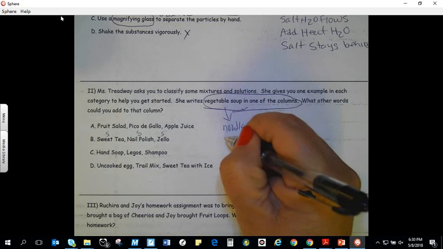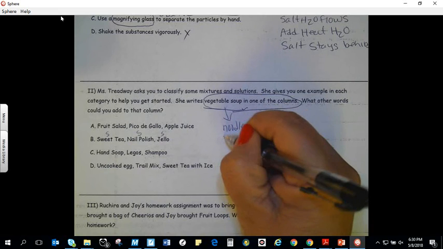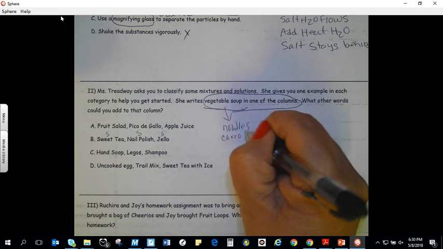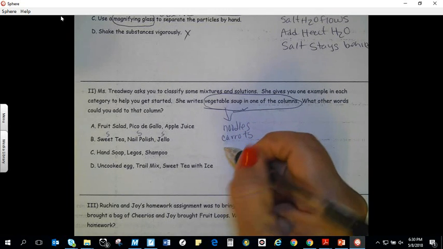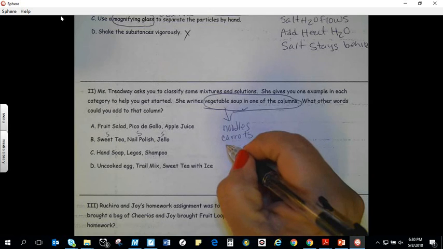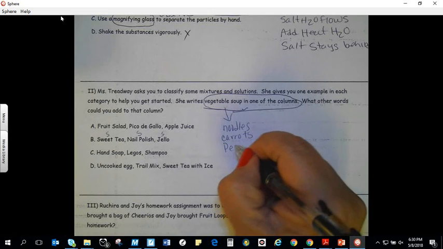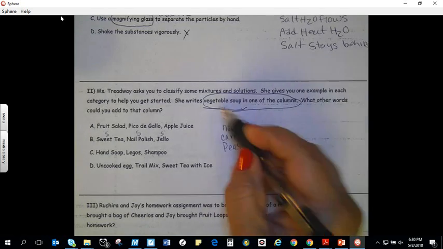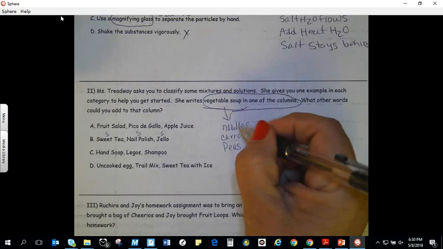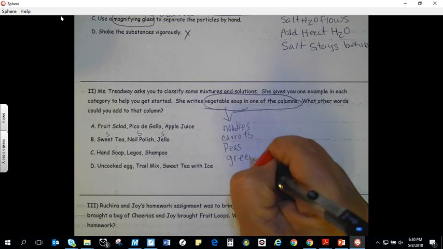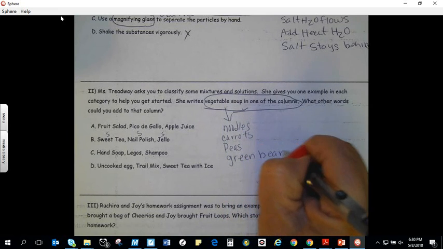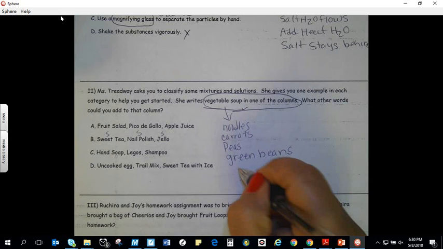You have vegetables, so you can have carrots, peas, I'm just thinking of different types of vegetables, green beans. And then you'll have broth.